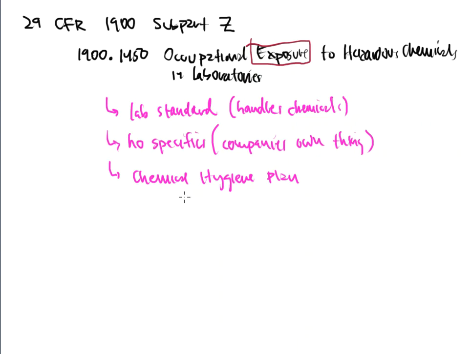Now, on top of that, most companies, if they have a chemical hygiene plan, they have a chemical hygiene officer. And this is one person that's in charge of the chemical hygiene plan at that particular laboratory or for that particular company. So their job is to go through the paperwork, make sure it's staying up to date, make sure things are making sense. If there's any changes or modifications that have to happen, that chemical hygiene officer will do those.